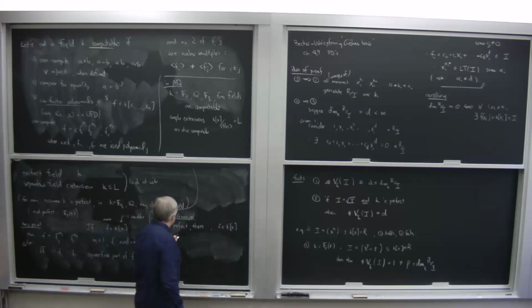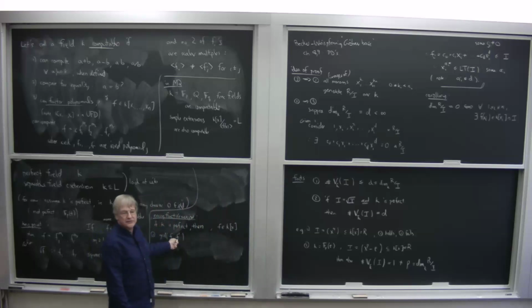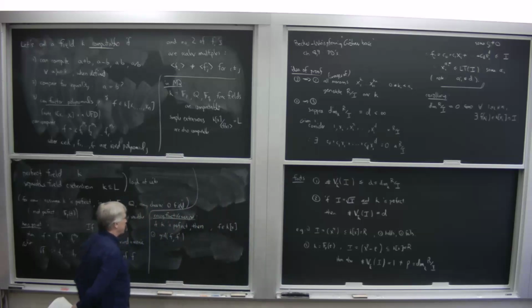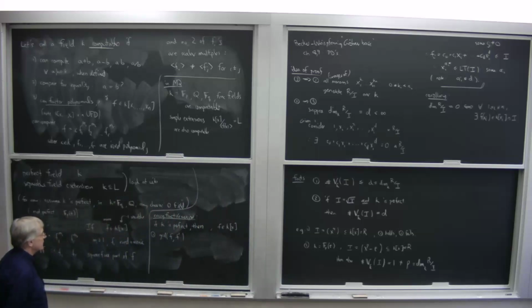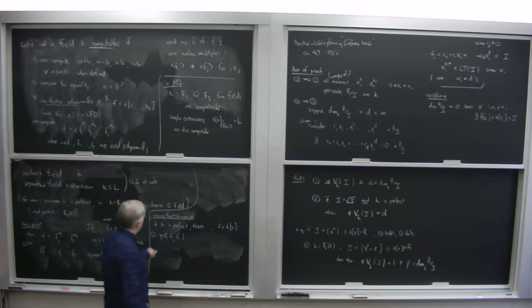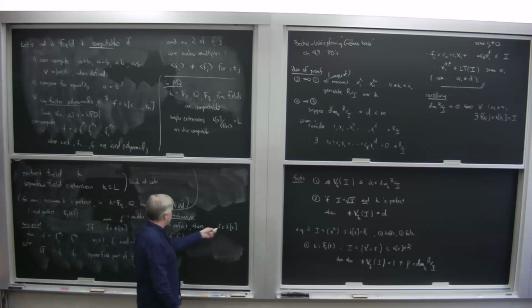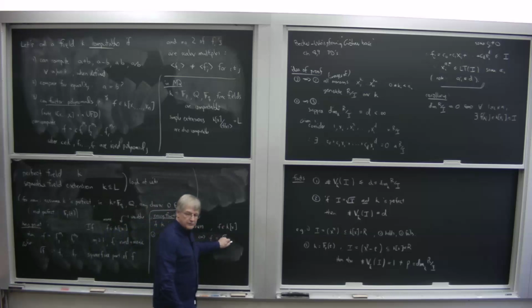Remember, the derivative is totally well defined even over any field whatsoever. You just do the algebraic way of defining it, that the derivative of x^r is r times x^(r-1). So we can take the GCD of these things, which all happens inside of here, which we can compute, and this is equal to 1 if and only if f is equal to the square root of f. In other words, it's square free.